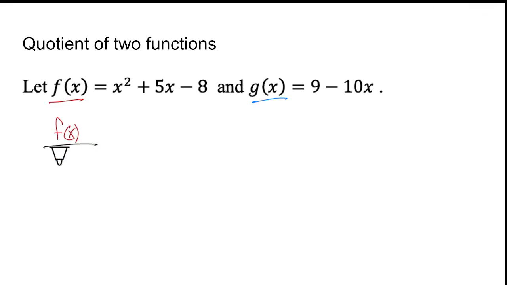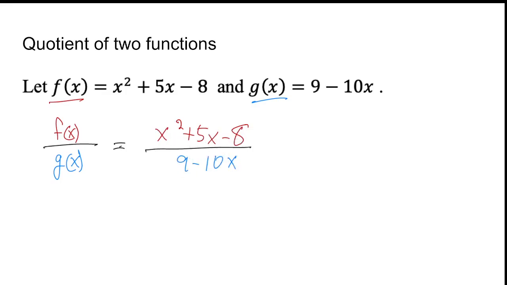So all we end up doing is writing out the numerator, x squared plus 5x minus 8, fraction line, the denominator, 9 minus 10x, and we're done. Because there's no canceling going on, there's no reduction.